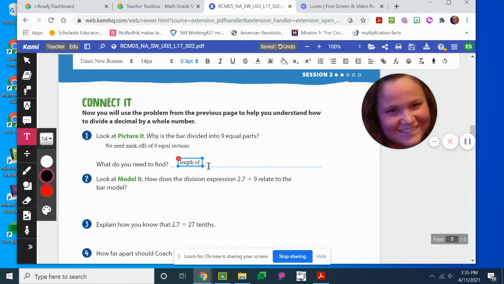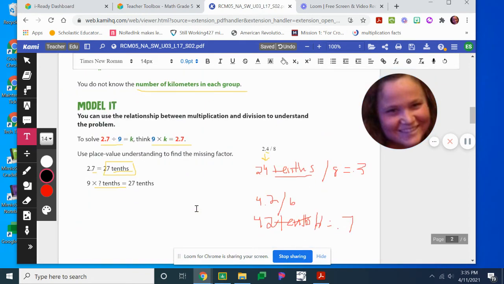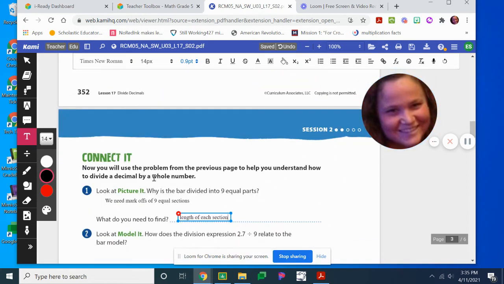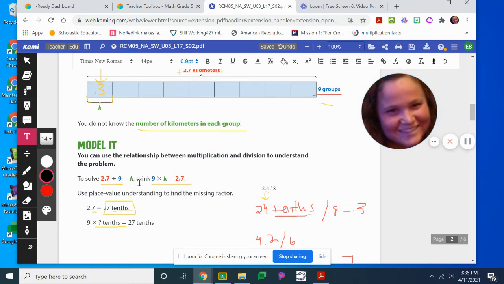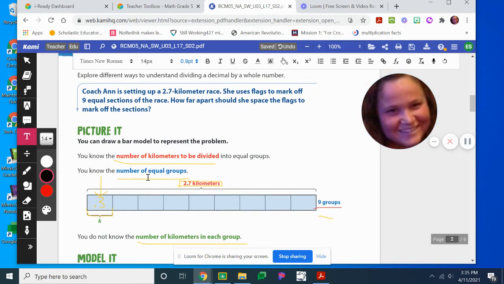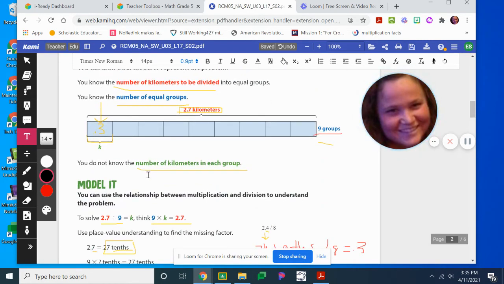of each section. So if we look at the model, this one right here, it's asking us how does the division expression 2.7 ÷ 9 relate to the bar model? So how does this relate to this? It relates because it's basically saying that I have 2.7 kilometers, or I've got 27 tenths.